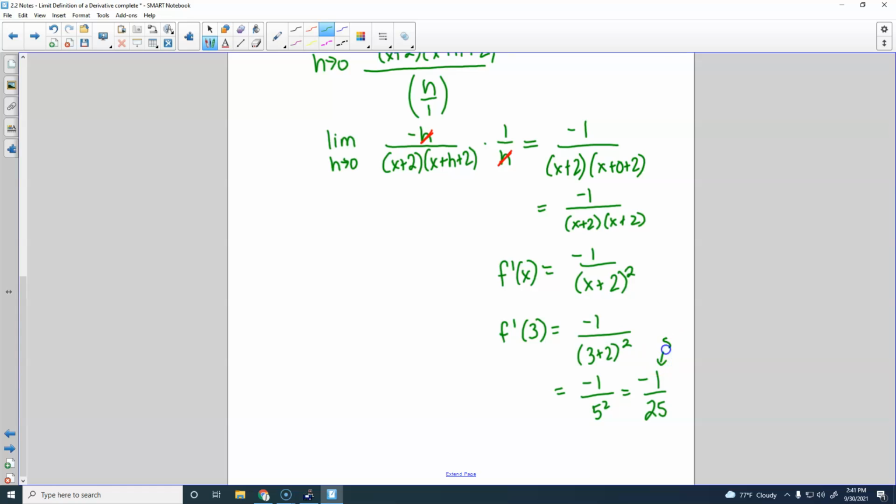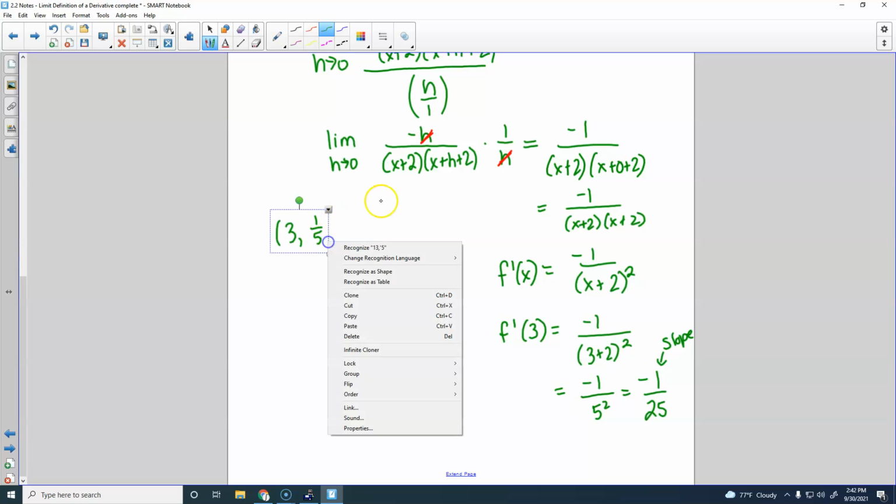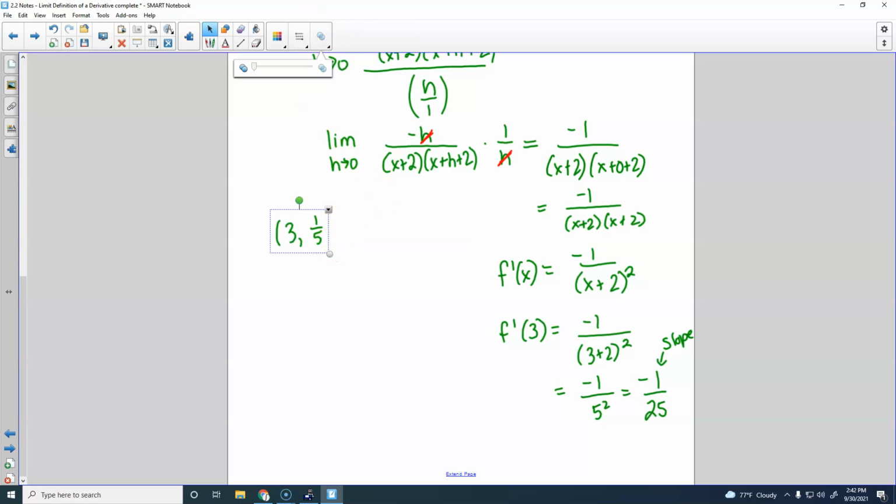This is our slope. Now that we have our slope, we also have our point, which was (3, 1/5), and we just found our slope, which is negative 1 over 25.